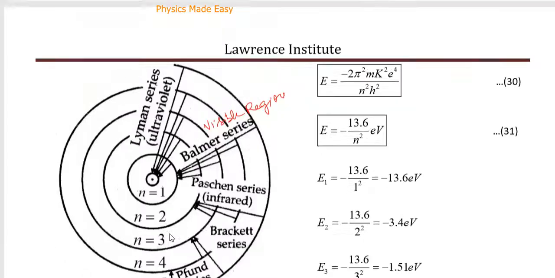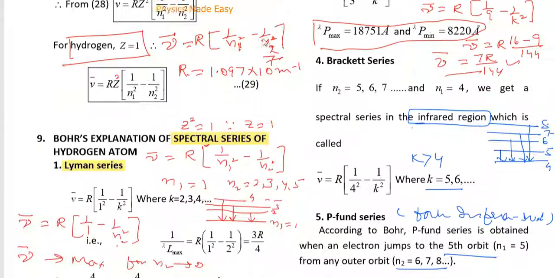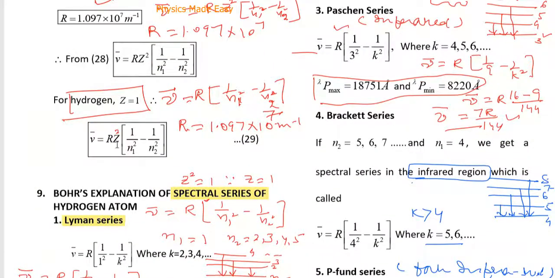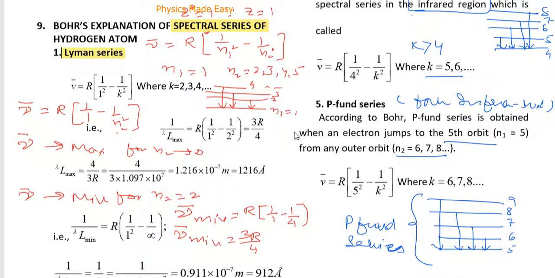We have just calculated the wave numbers for the Lyman series. This was the formula that we use because this is the formula for wave number. Z here is 1. So for hydrogen, the formula reduces to nu bar is equal to R into 1 by N1 square minus 1 by N2 square. So this is the case of the Lyman series, the first series shown by me, which we have just discussed.